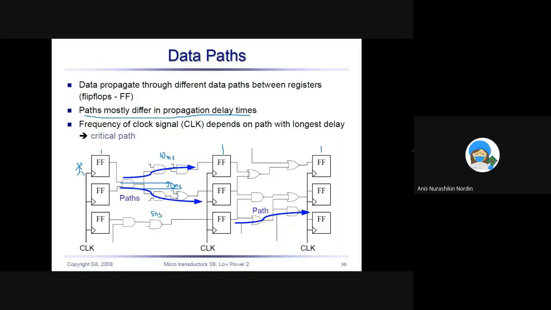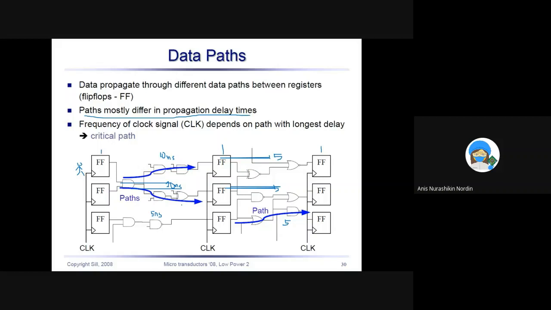So we have these other gates over here. This path takes 15. This path takes, what did I say here? 5. This one takes 5. Okay, which one is the critical path? Which path has the longest delay? What is the longest delay? Anyone?